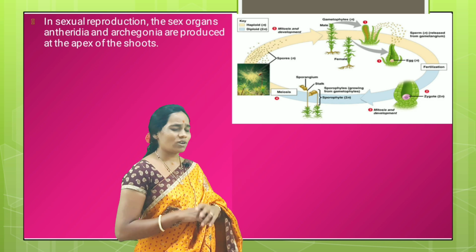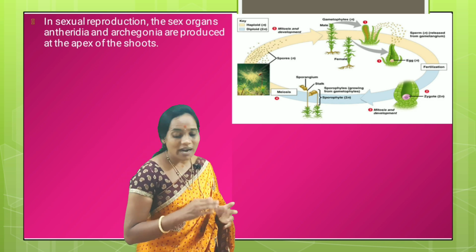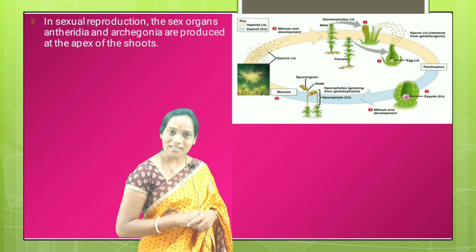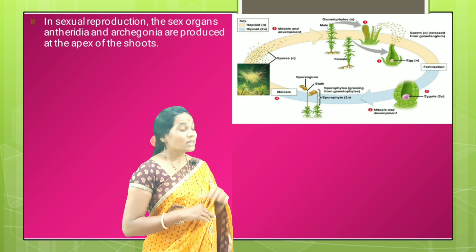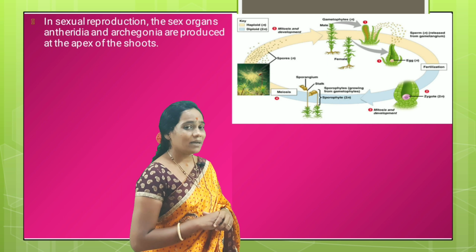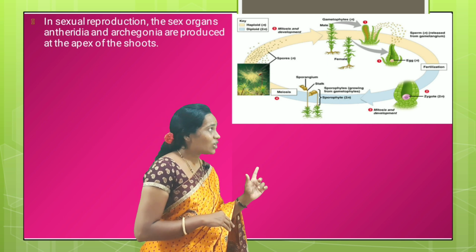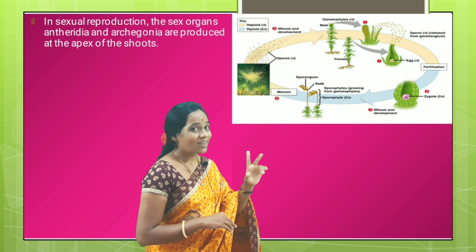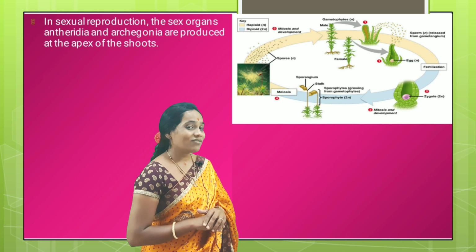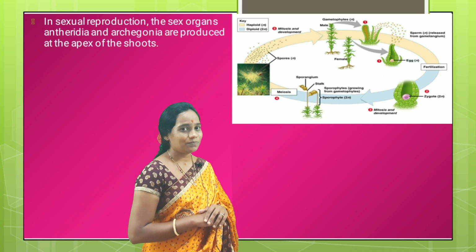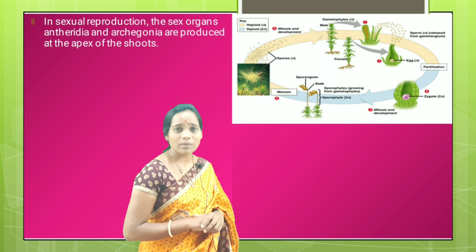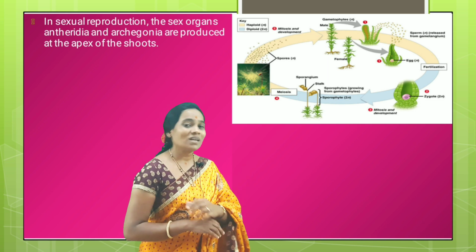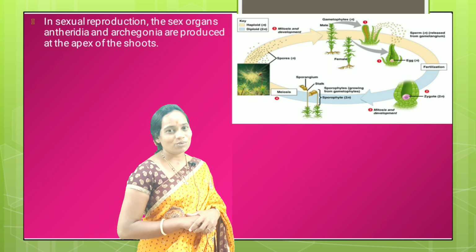The male sex organ is the antheridium and the female sex organ is the archegonium. The antheridium produces antherozoids and the archegonium produces the female gamete. The male gamete, the antherozoid, fuses with the female gamete to form the diploid zygote.